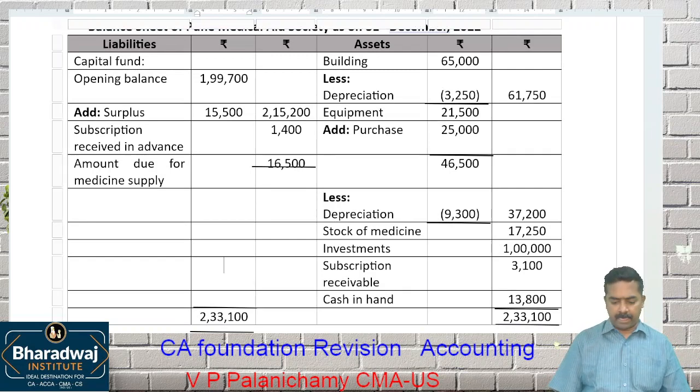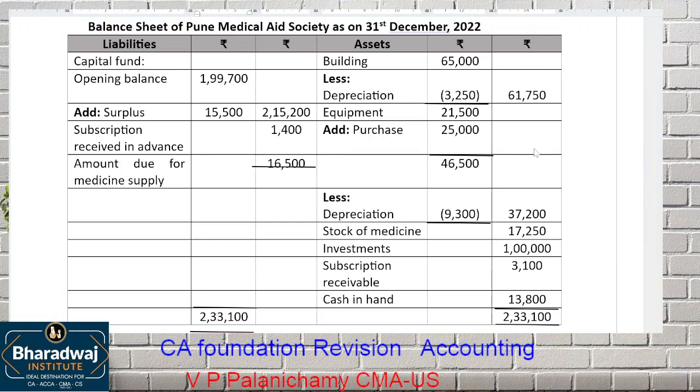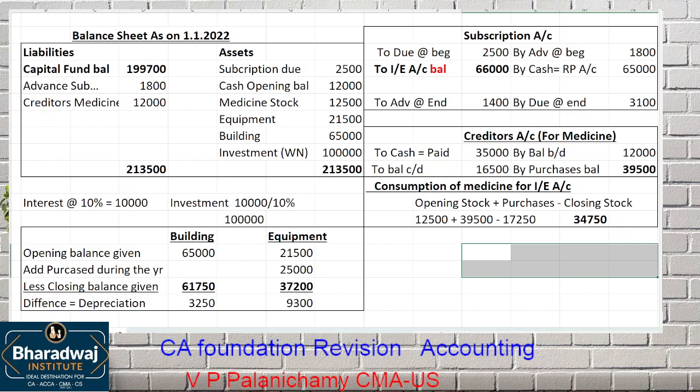So since the question already gives the closing balance for equipment, the workings are not required, you can directly take this.